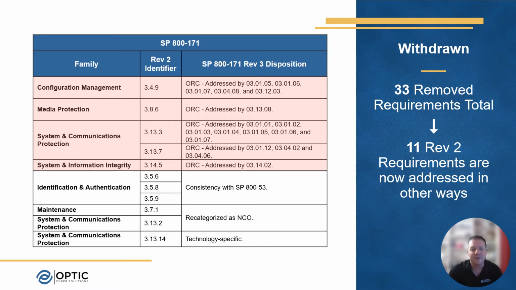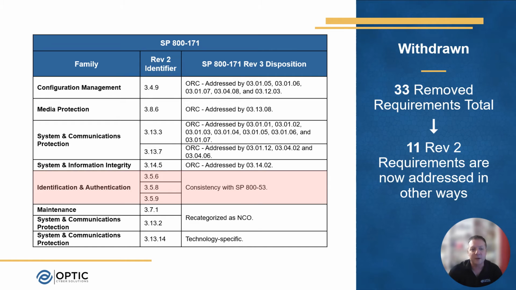So again, this is another area where within these 5 ORC labeled requirements, the capabilities that we needed to implement in Rev 2 to address them still need to be in place in Rev 3. We're just going to track those capabilities to different requirements in Rev 3.